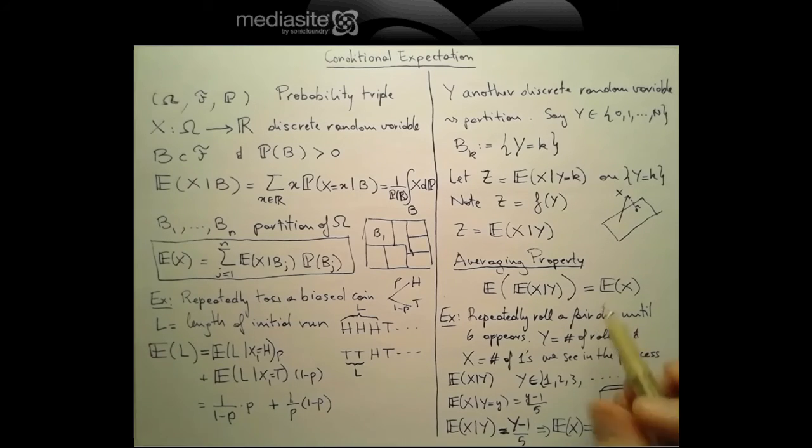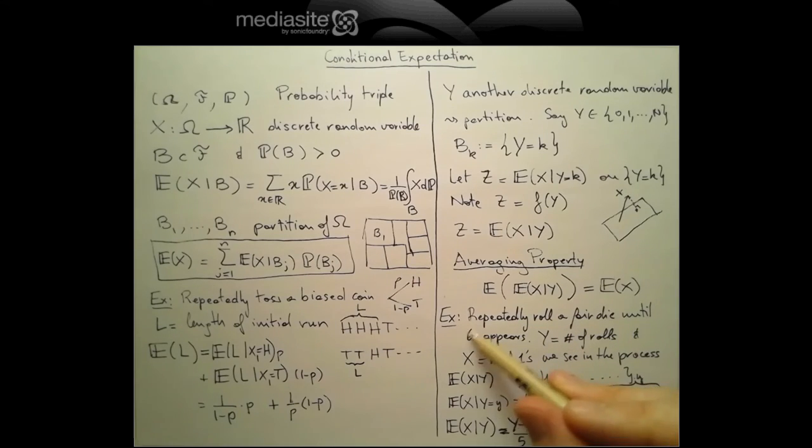But Y was a geometric distribution, right? You're repeating and rolling until you get a 6. And a 6 has 1/6 chance of appearing, so you expect to roll 6 times. So you get (6 minus 1) over 5, which is 1. So that means that you expect to see 1 instance of the number 1 in the process.